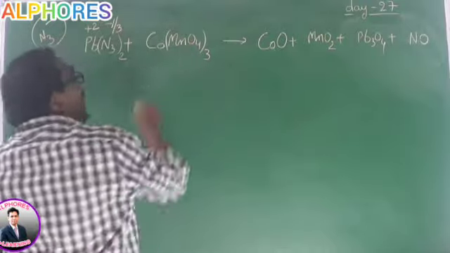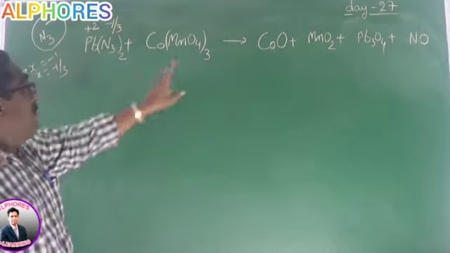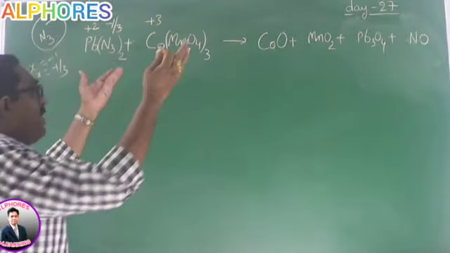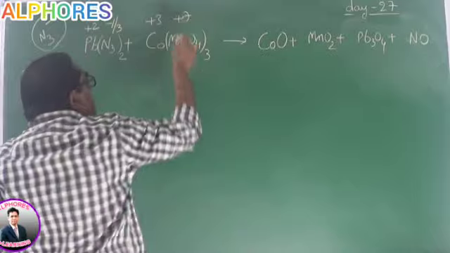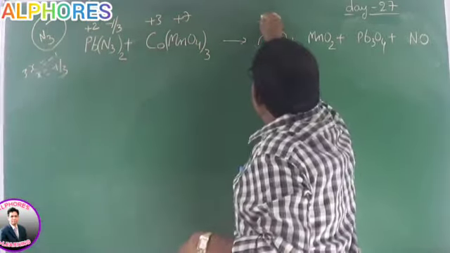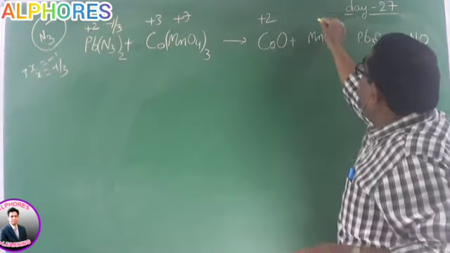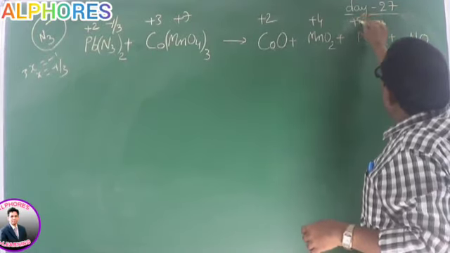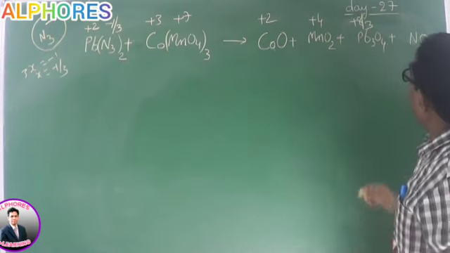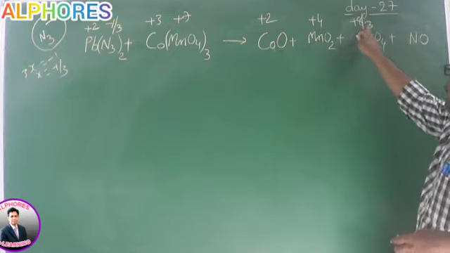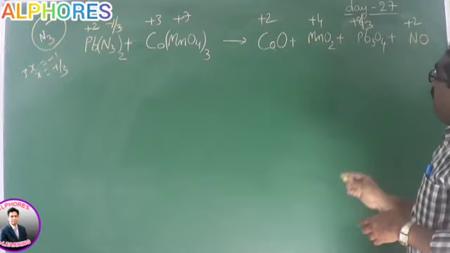We know permanganate is 1 minus. 3 permanganate, 3 minus, so cobalt here is +3. Permanganate, manganese oxidation state is very familiar to us, +7. Here cobalt oxide is +2. Manganese dioxide, manganese +4, Pb3O4, lead +8/3, and nitrogen in NO is +2.